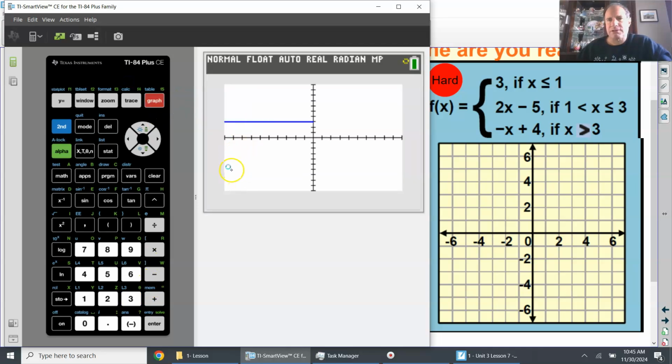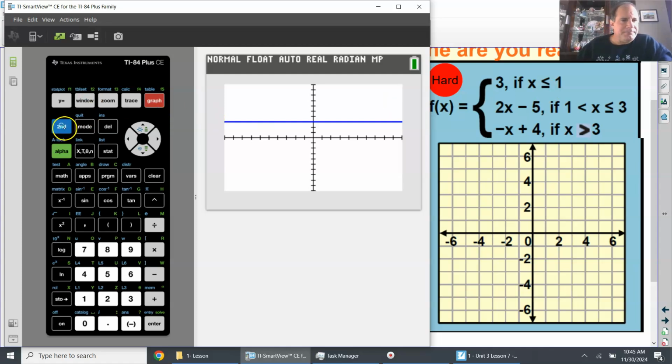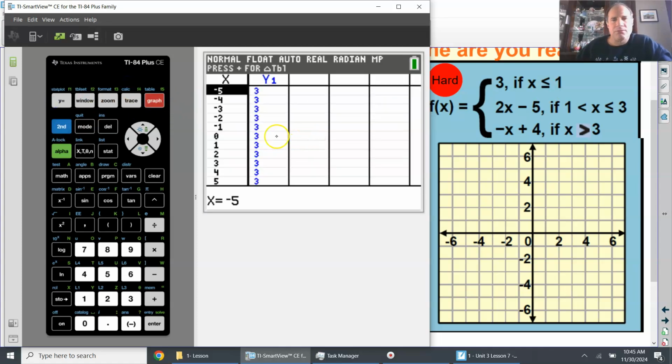And again, horizontal line. The x has to be less than or equal to 1. So we're going to go less than or equal to 1, which is (1, 3). So we're going to start with (1, 3), and that is going to be a closed circle.